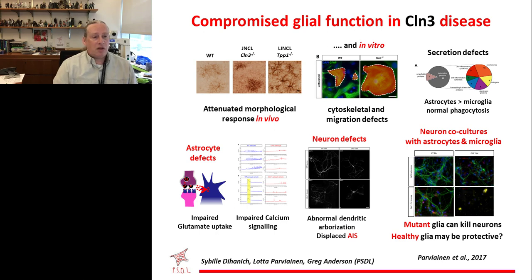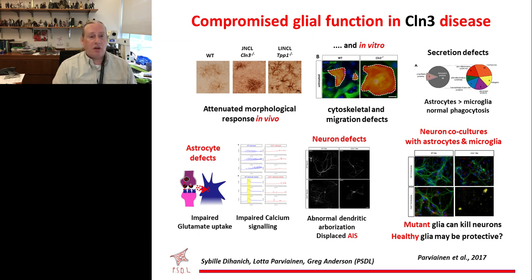Those astrocytes are certainly very severely affected. They have trouble taking up glutamate within a culture, which would obviously have implications for excitotoxicity. They also have problems in generating spontaneous calcium waves, which is how astrocytes talk to one another, suggesting that this process may also be impaired in CLN3 disease.